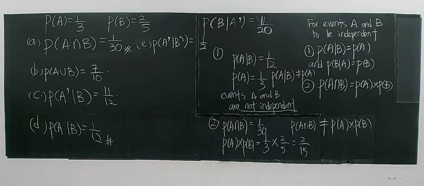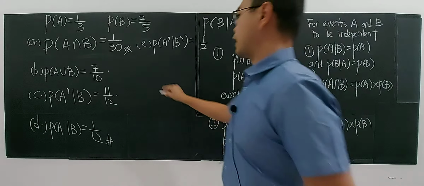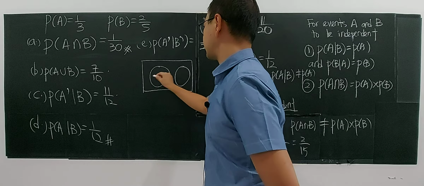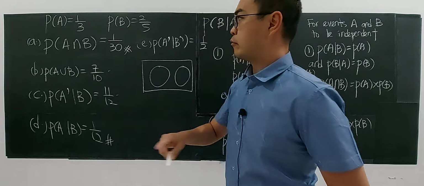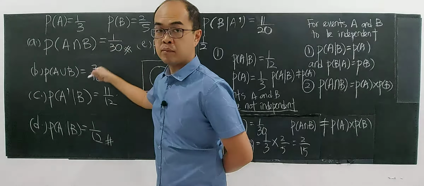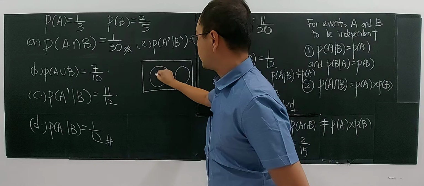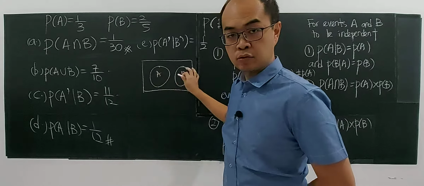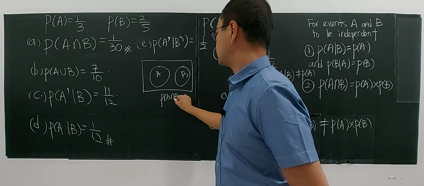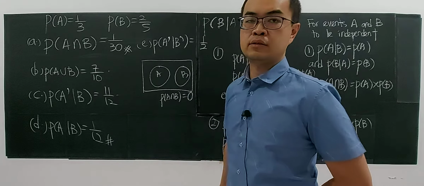Later on, is it mutually exclusive? I have told you already: mutually exclusive means that events A and B do not have an intersection. But from the calculation just now, A intersect B has a probability. If events A and B were mutually exclusive, the probability of A intersect B would be 0.